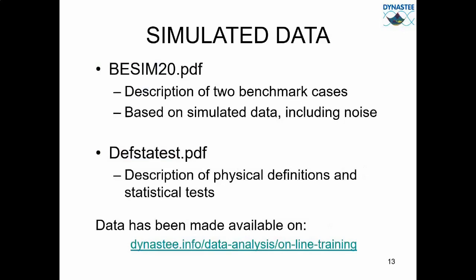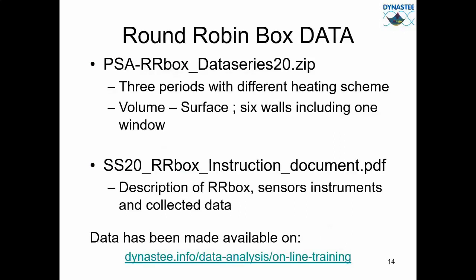It's giving you also some description of physical definitions and statistical tests. Then round robin box data that has been distributed 2 weeks ago. It is 3 different periods, but you can make them as a long data series. And it is dealing with some volume.